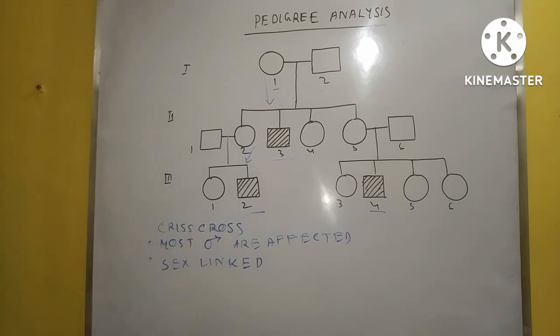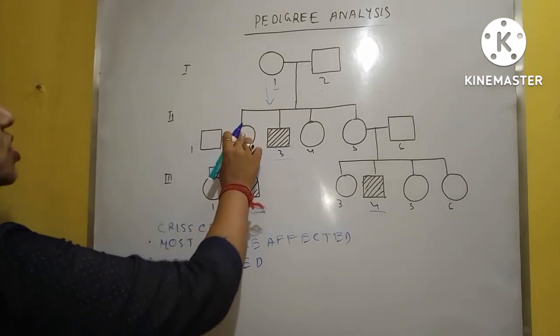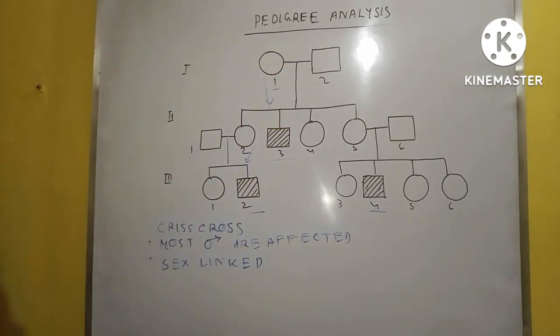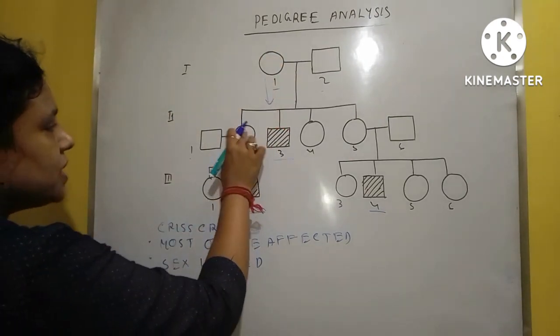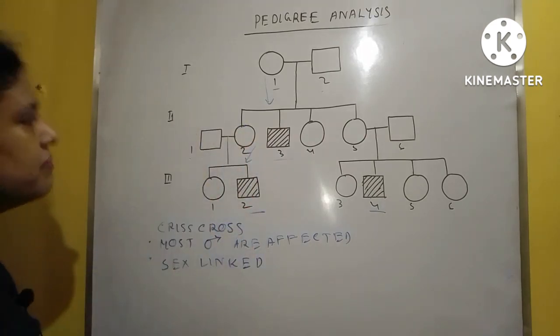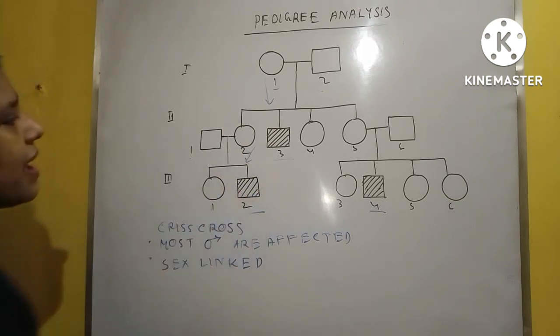And second, is it dominant or recessive? How do you identify that it is recessive? You can see here in the first generation and second generation, the females are unaffected. But after marriage with a normal male, in the next generation the males are affected.